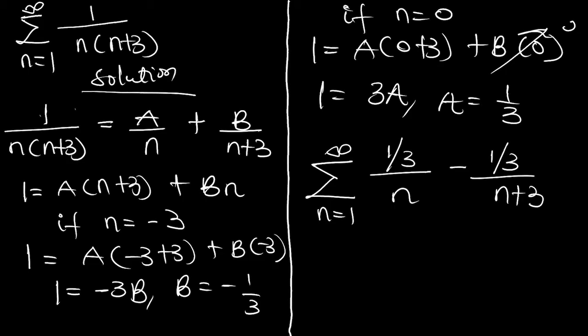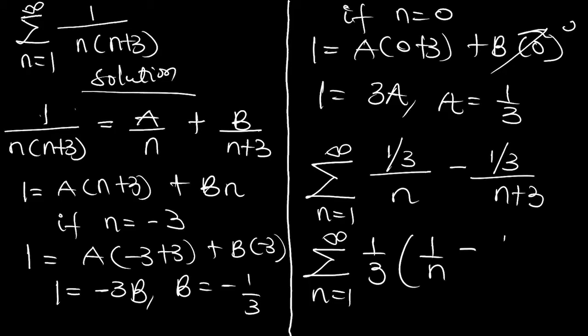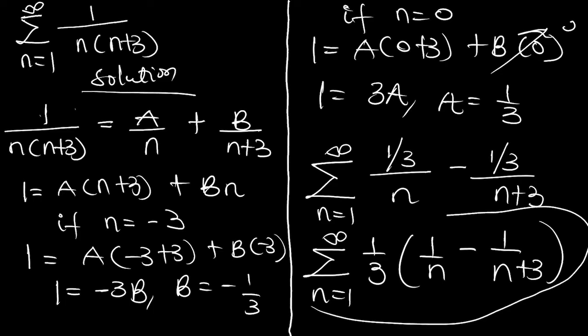Okay. But don't forget that we can factorize our 1 over 3 out. We have the series in this form: 1 over n minus 1 over n plus 3. This is the series that we are going to work with. As usual, make some space and try to solve it.